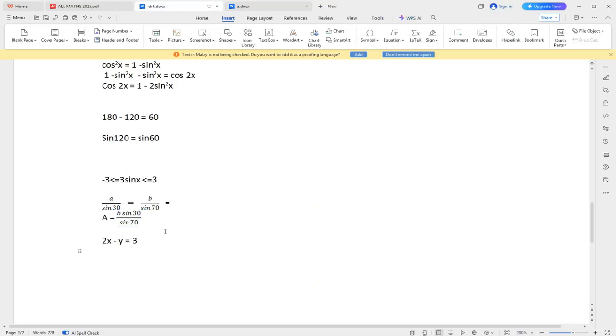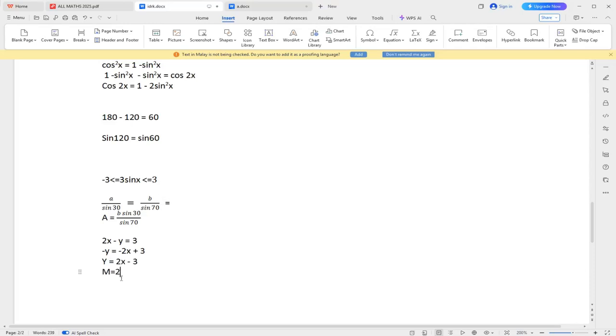Putting that in the form y is equal to mx plus c, we have minus y is equal to minus 2x plus 3. Dividing all through by negative, you have y is equal to 2x minus 3. From here, we find out that our gradient is equal to 2.